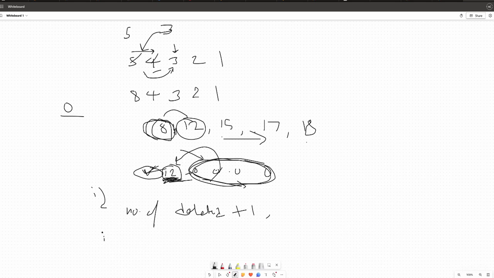This number is the greatest and no element in this range is greater than this number, then the answer will be simply the number of deleted elements. Okay, so this is the simple answer we can get.